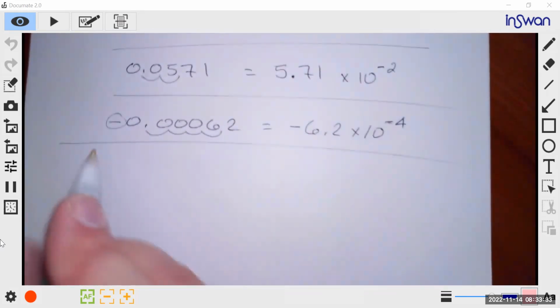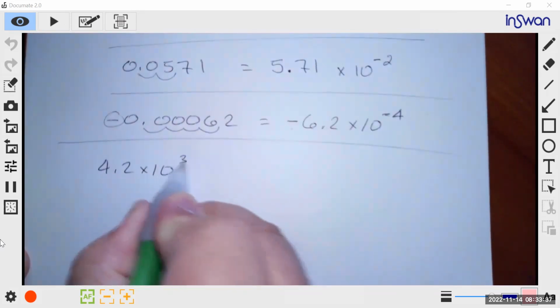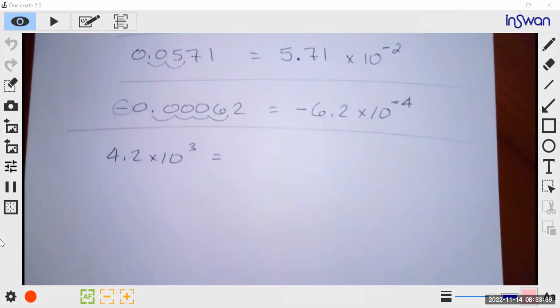Okay, let's go the other way. I give you 4.2 times 10 to the 3. Convert that from scientific notation to a regular number.